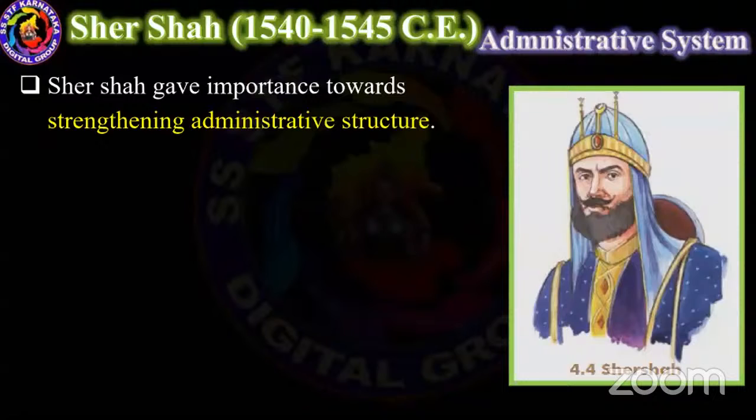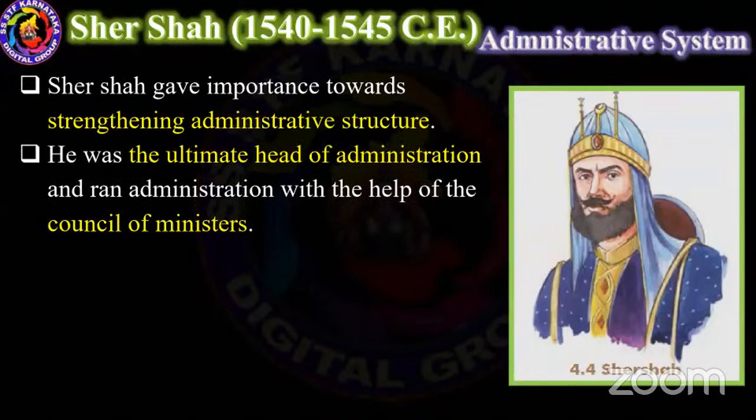Sher Shah gave importance to strengthening the administrative structure, as well as paying attention to extending his empire. He was the ultimate head of administration and ran administration with the help of a council of ministers.